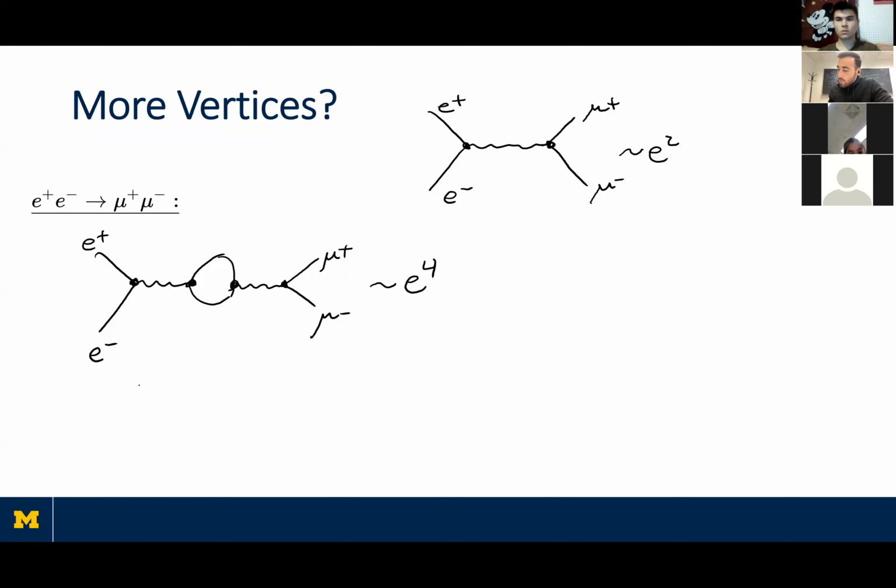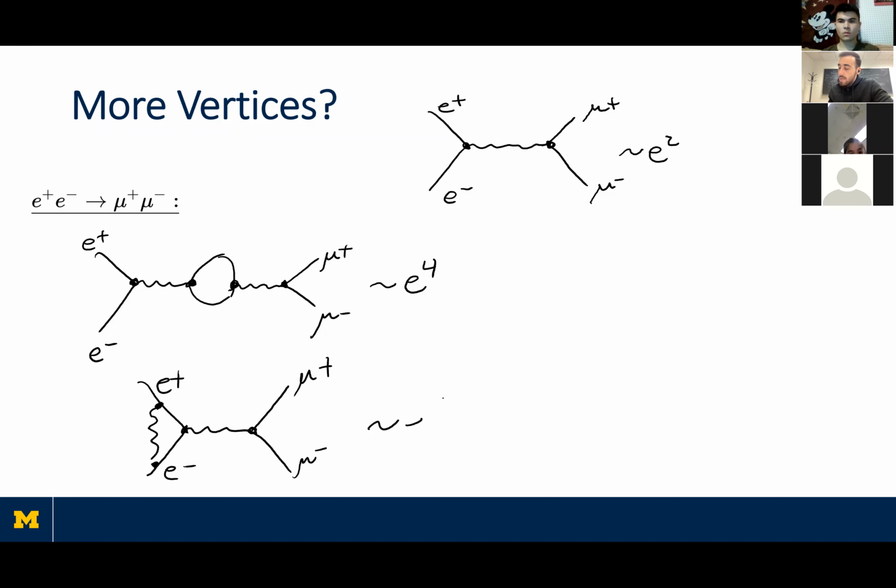So there's other ways to end up with these so-called loop diagrams. So you can imagine having E plus send a photon to E minus, and then the E minus absorbs the photon, then they combine, give a photon propagator, and then that photon propagator gets you your mu plus, mu minus. So once again, you have 1, 2, 3, 4 vertices.